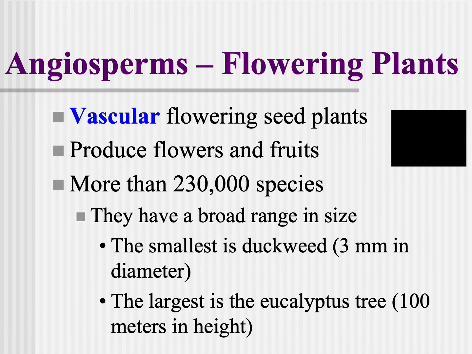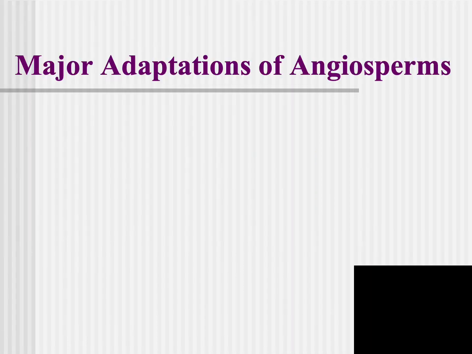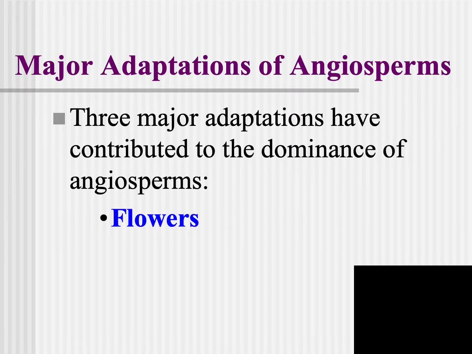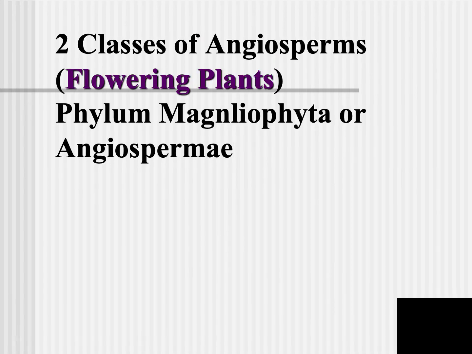The major adaptations of angiosperms are flowers, fruits, and leaves being broad, meaning that you can see their leaves pretty well. There are two classes of angiosperms, or the flowering plants.